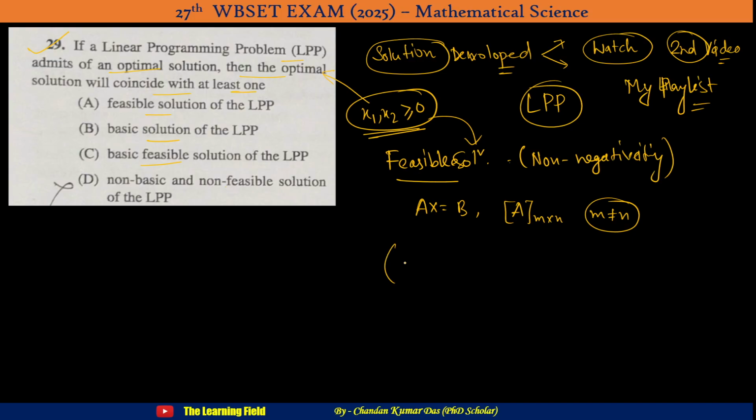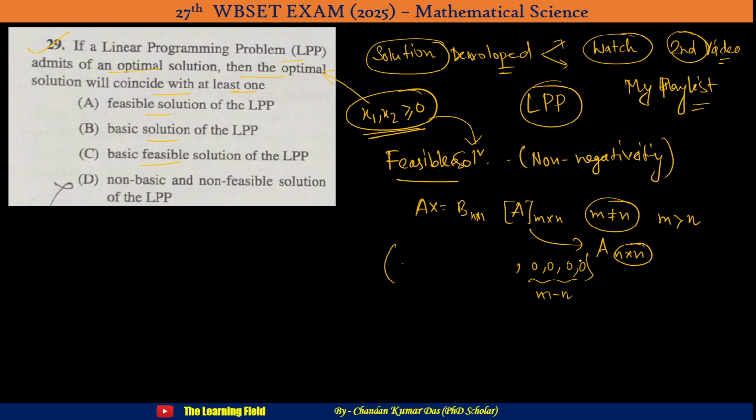We have to arrange this matrix so that it should be of n by n order. So we put some n minus m variables, or m minus n, whichever is greater, as 0.